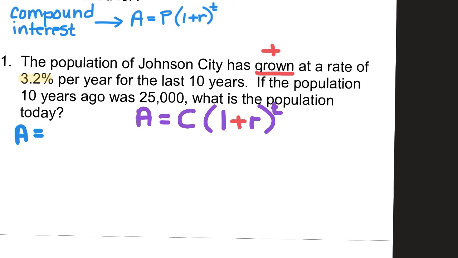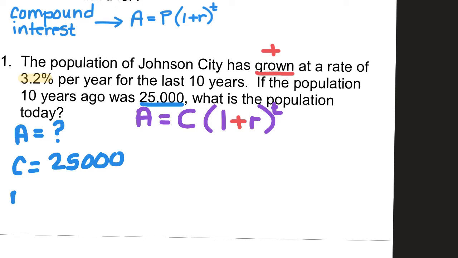Let's begin with our formula, making sure that you have a plus sign in the formula. Now, let's look at our terms to see what we will substitute. For the A, that's what we're looking for. What's the C? The initial amount. The C is the 25,000.